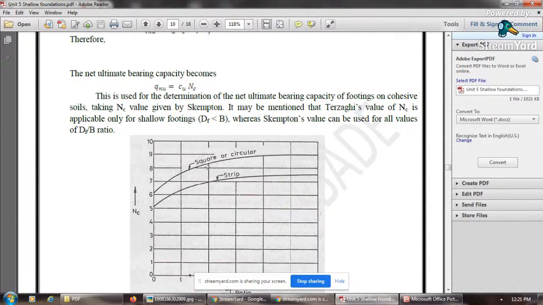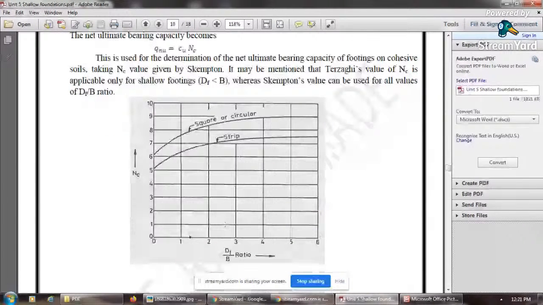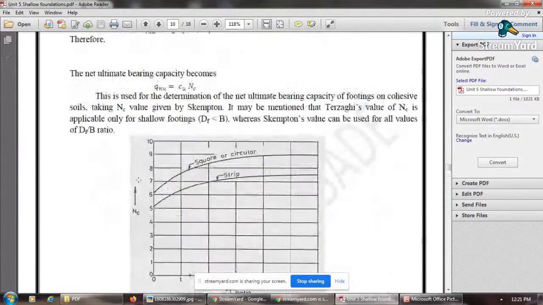The graph is given for strip and square or circular footing. When you calculate the value of Df upon B, from this curve you can read directly by projecting on the curve of strip or rectangular, square or circular footing onto the y-axis, and you will get the value of Nc. So you can calculate the ultimate bearing capacity qnu by calculating c and Nc from this graph.